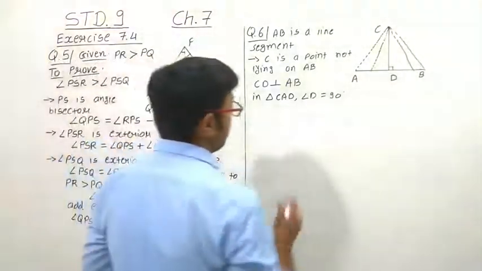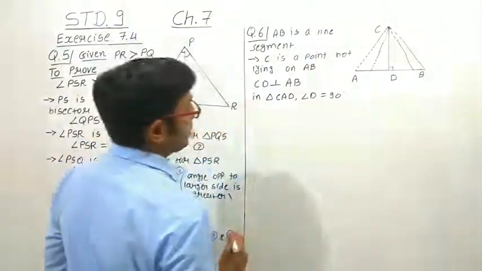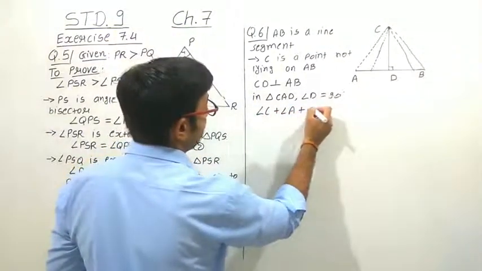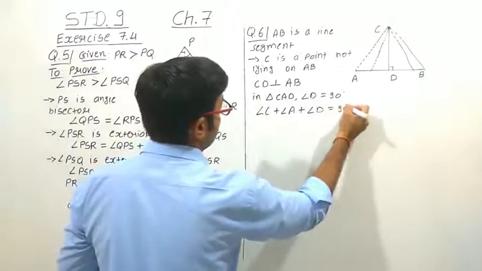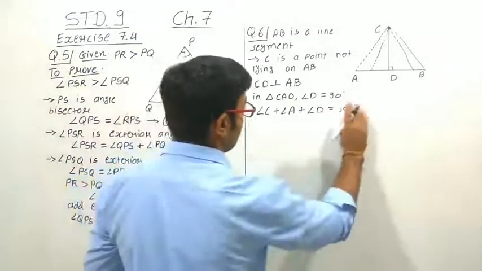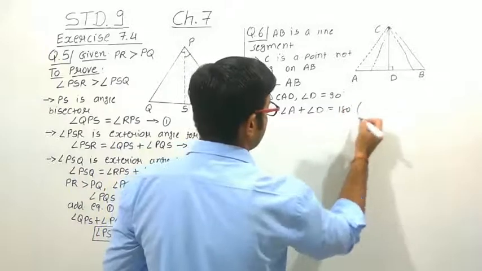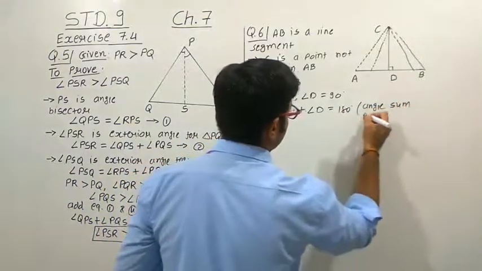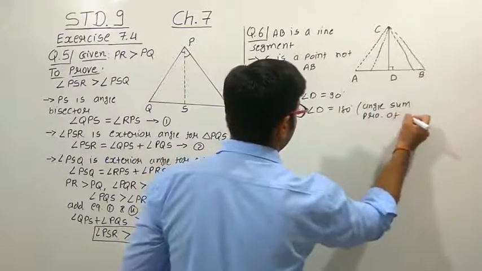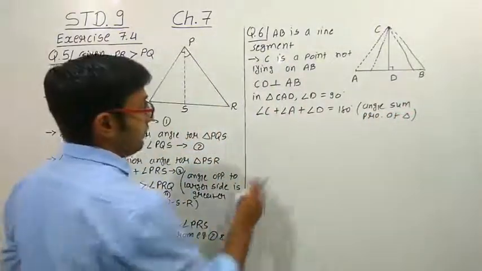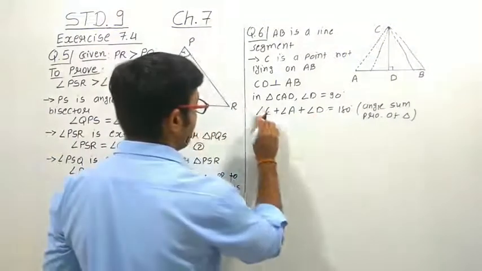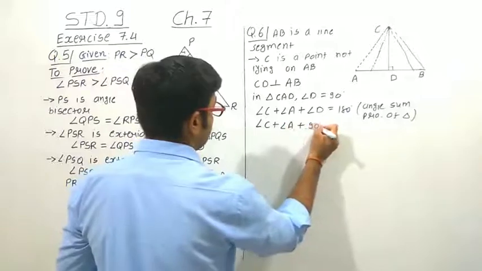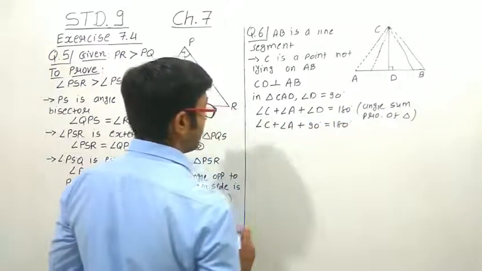Now we can apply the angle sum property of the triangle. We can write angle C plus angle A plus angle D is equal to, sorry, 180 degrees according to the angle sum property of a triangle. Now we know that angle D is 90 degrees. So angle C plus angle A plus 90 degrees is equal to 180 degrees.